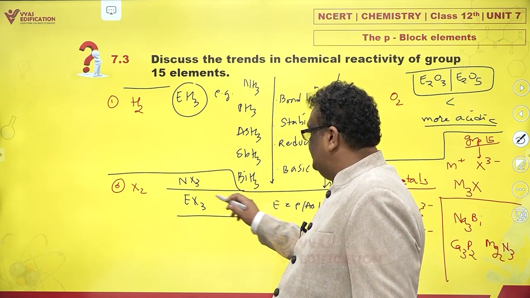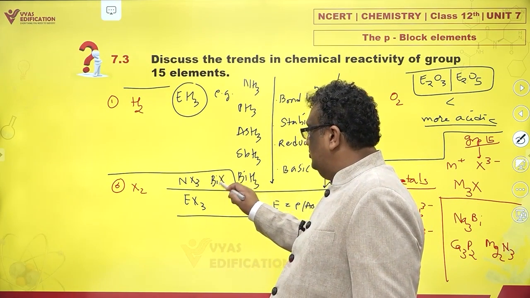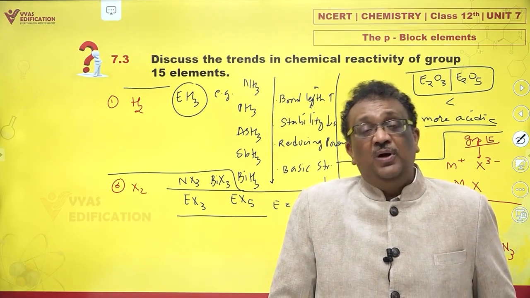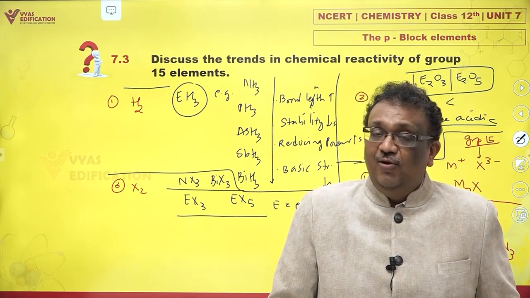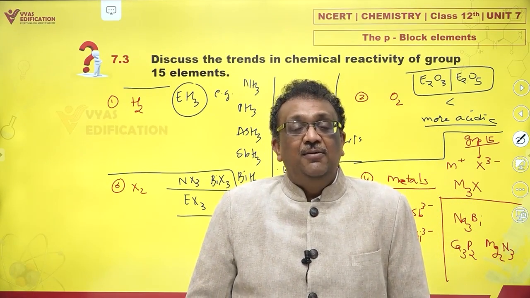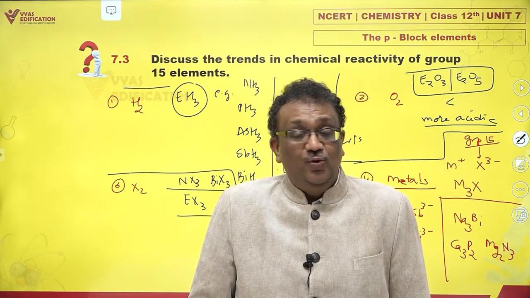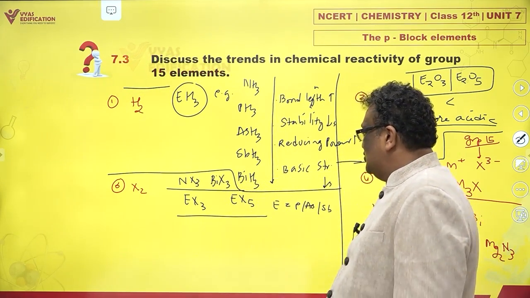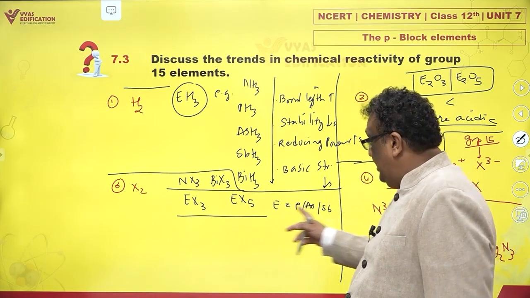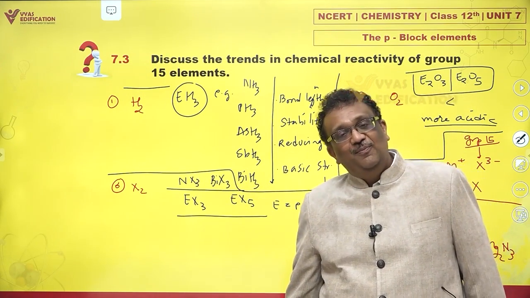So you have BiX3 also. Although bismuth can form BiF5, that is possible, because fluorine is more reactive. Chlorine can form BiCl5 with great difficulty, and BiBr5 and BiI5 do not exist. So for all practical purposes, nitrogen and bismuth just go to +3, and others can go to +3 as well as +5.